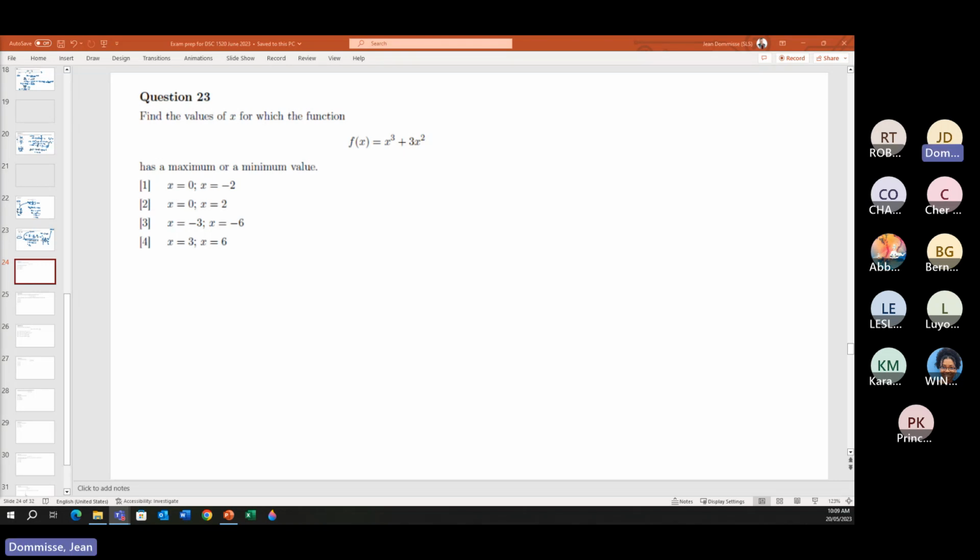Okay, so then let's look at the next question. Here they're asking us again, find the values for x that maximize. So what's the first thing that we need to do when we maximize?